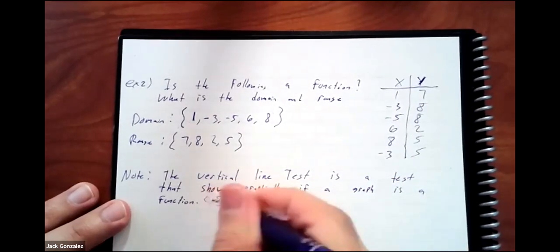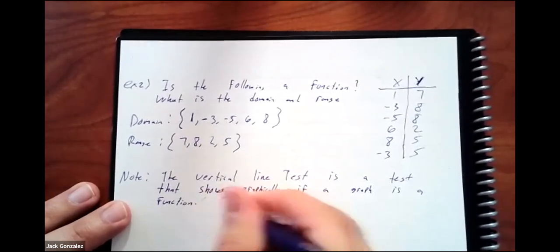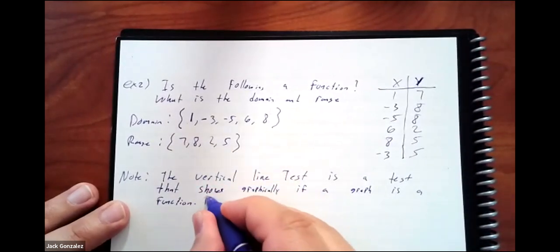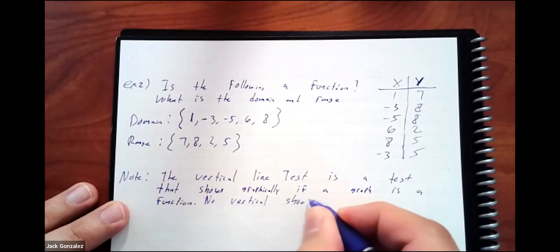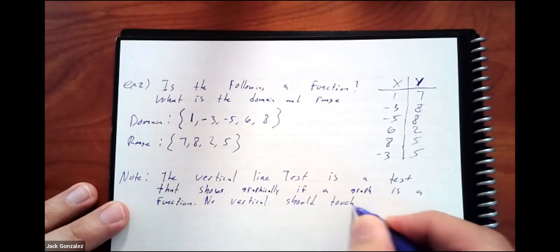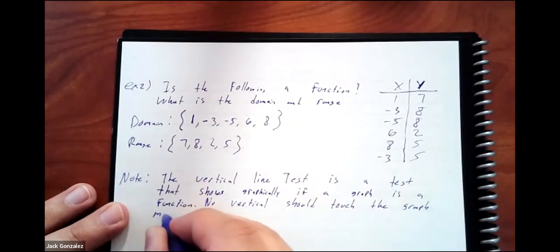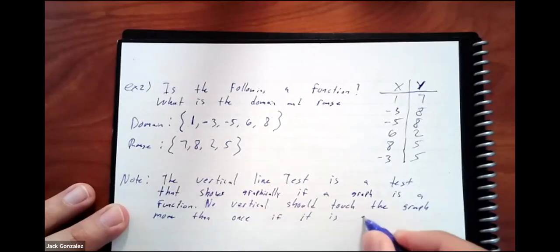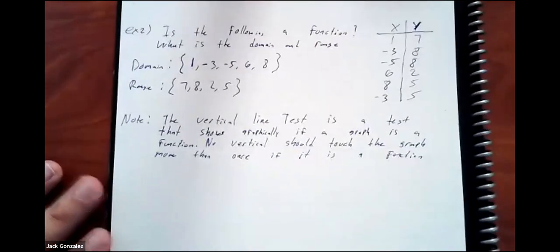No vertical line should touch the graph more than once if it is a function. So you just draw random vertical lines and see.